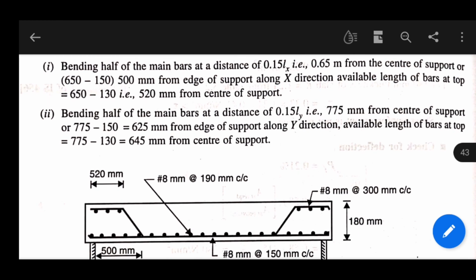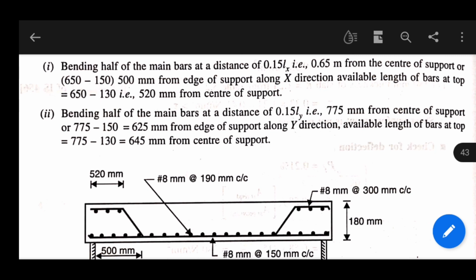Next is bending half the main bars at a distance 0.15 ly, that is 775 mm from center of support, or 775 minus 150, that is 625 mm from edge of support along y direction. Available length of bars at top is 775 minus 130, that is equal to 645 mm from center of support.